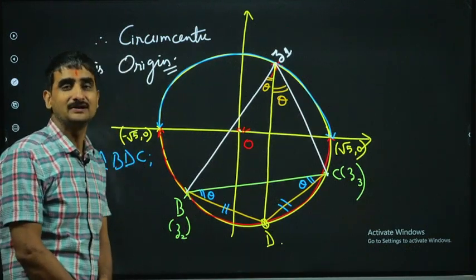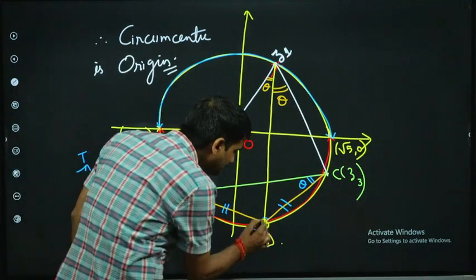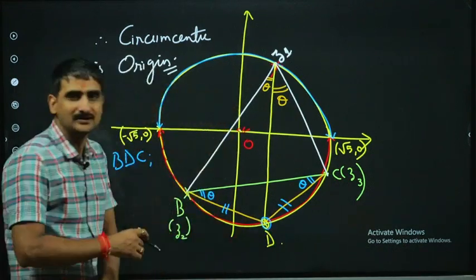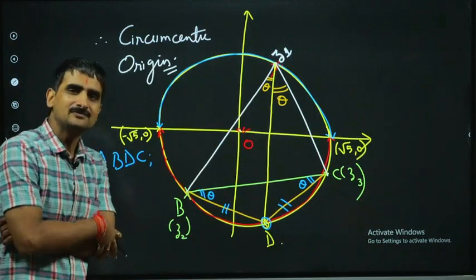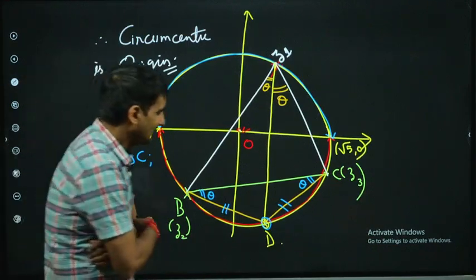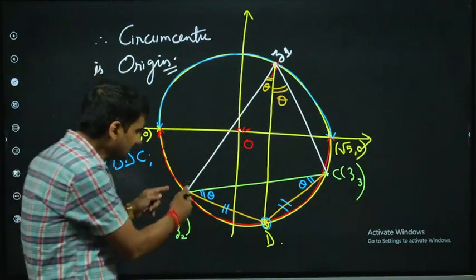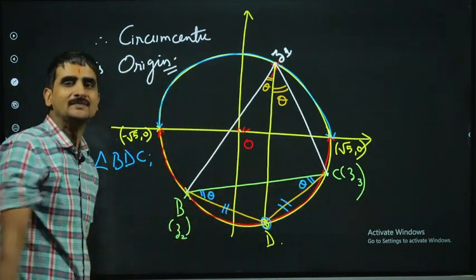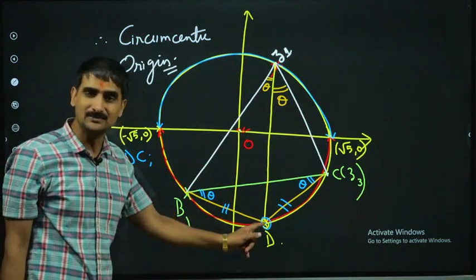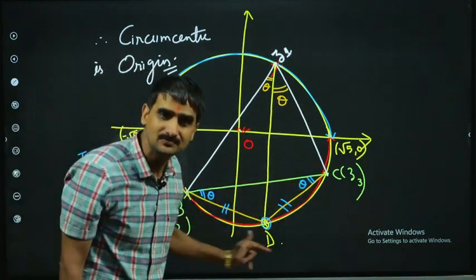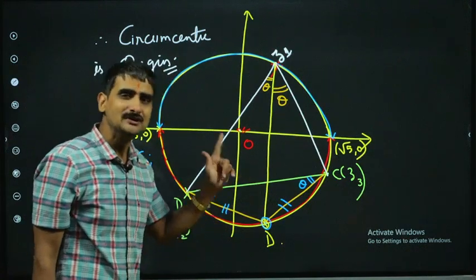So which point is the fixed point? The point D is the fixed point here. And which point is it? It's the midpoint of arc BC. So D is the midpoint of the arc BC, since B and C are two fixed points here.